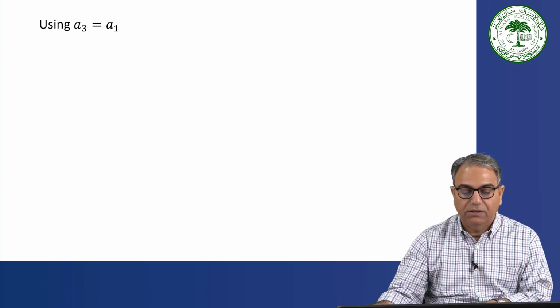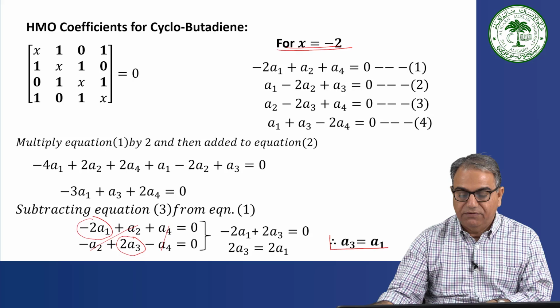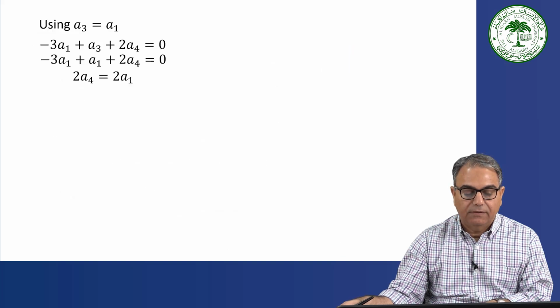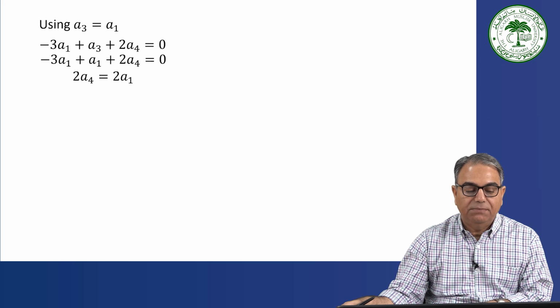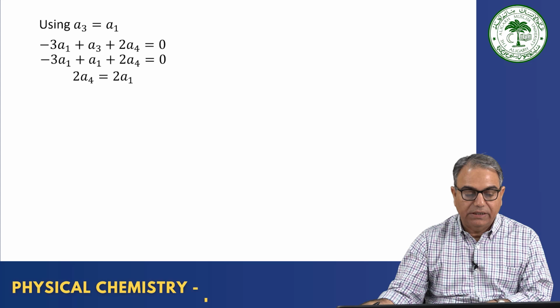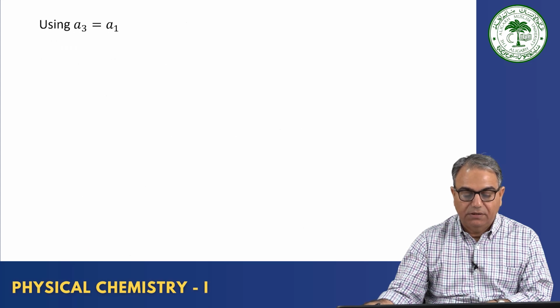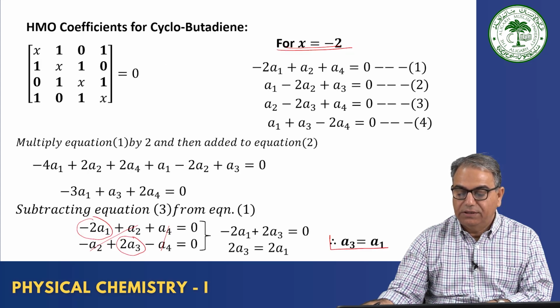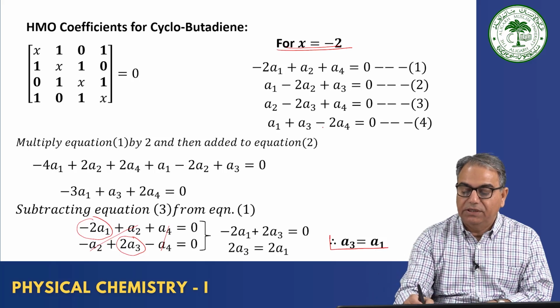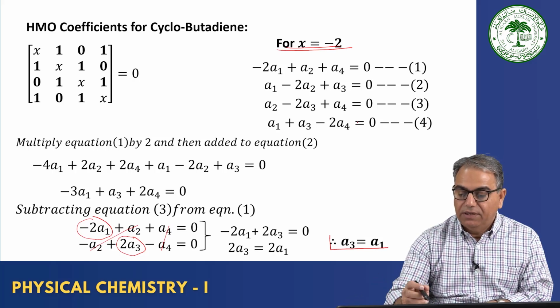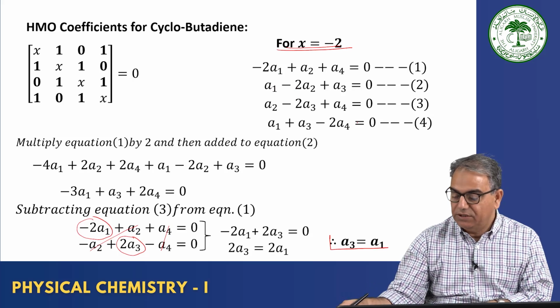This is which equation? Using this equation, what you can write is minus 3a1 plus a3 plus 2a4 is equal to 0. So you have a1, a3 and a4 terms, which are in the last equation.